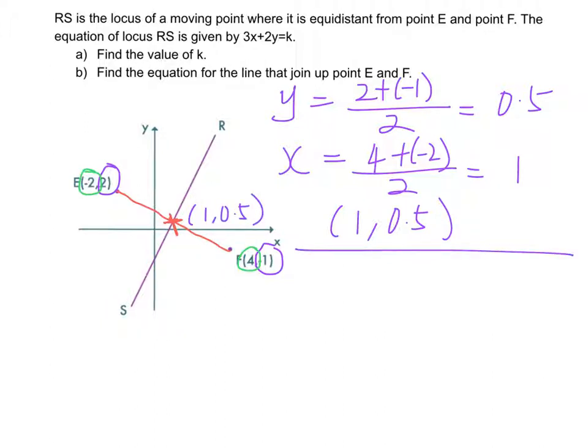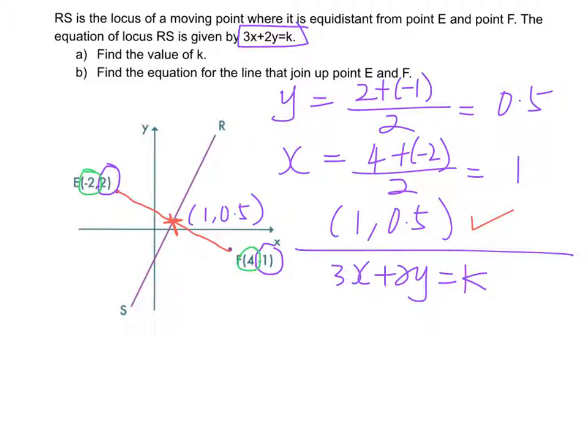Right. Now we are given that the equation of RS is this one, 3x plus 2y equals k. And RS passes through this point, (1, 0.5). So if we substitute the x and y coordinates in the equation, we can find out k.